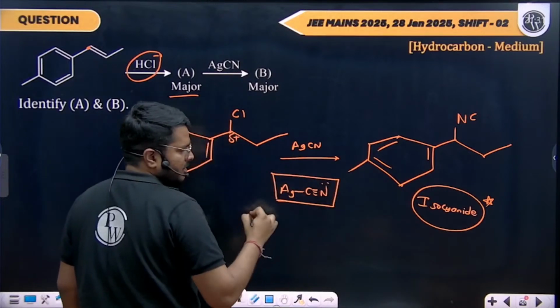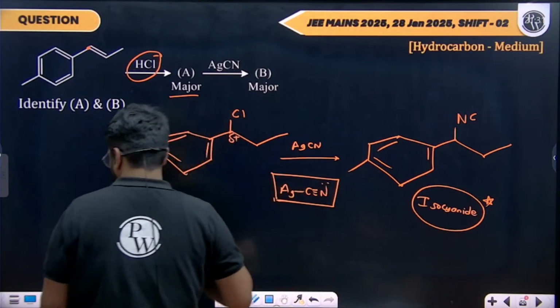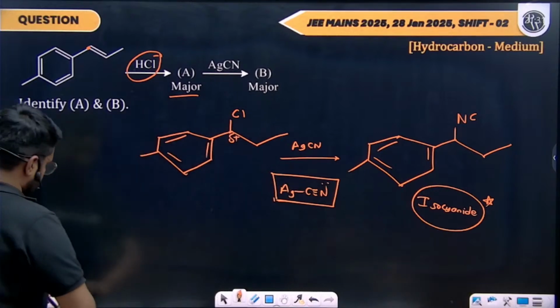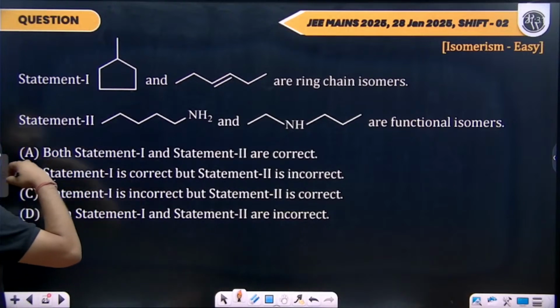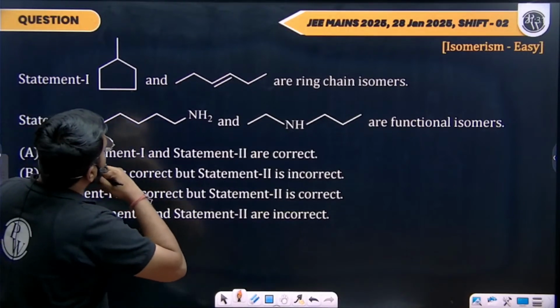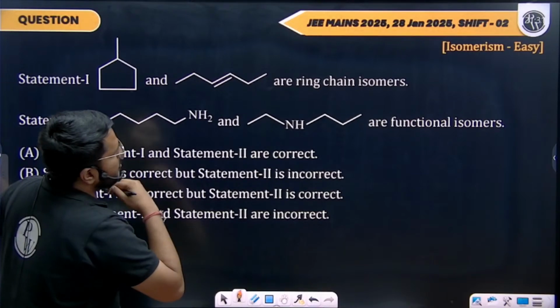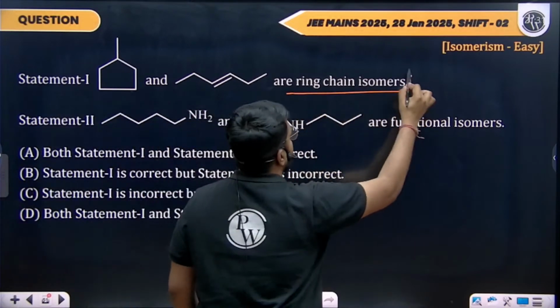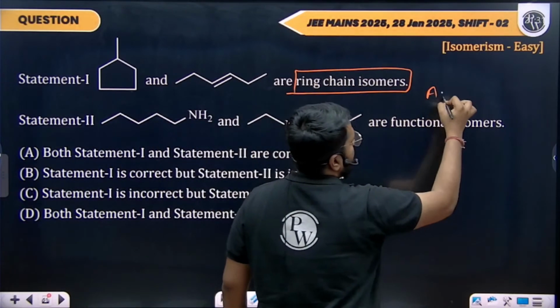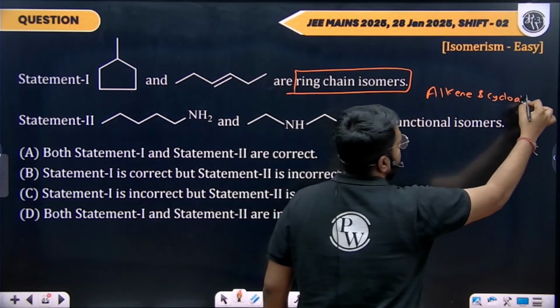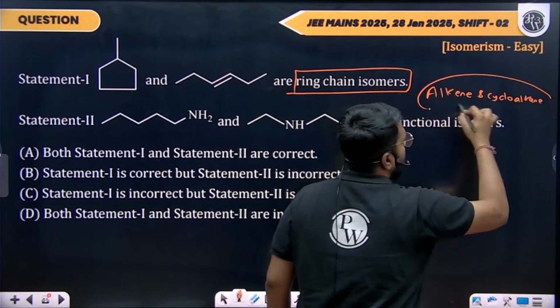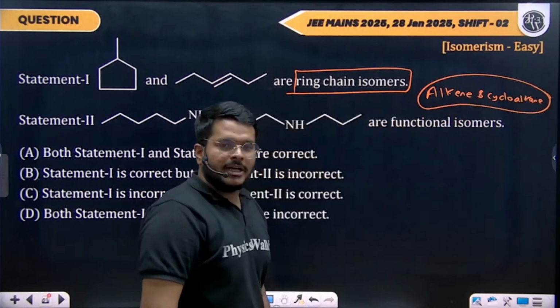In the next question, there are statements. In statement 1, a cyclopentane is given, and apart from that an alkene is also given. Are they ring chain isomers? Obviously yes. An alkene and a cycloalkane are both ring chain type isomers.